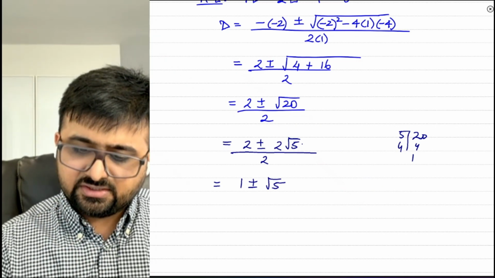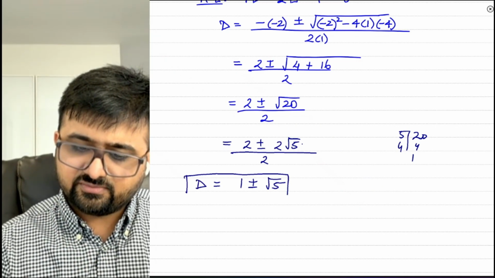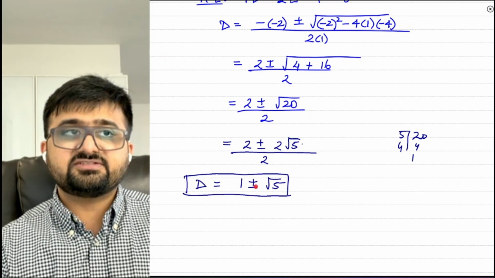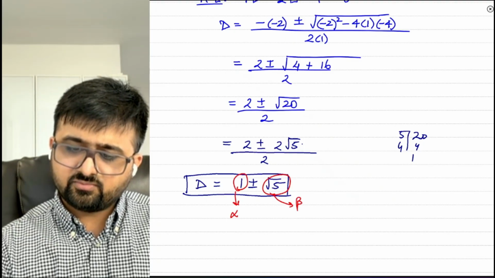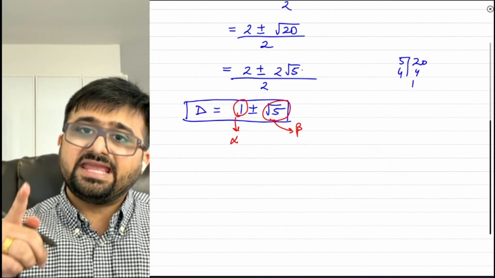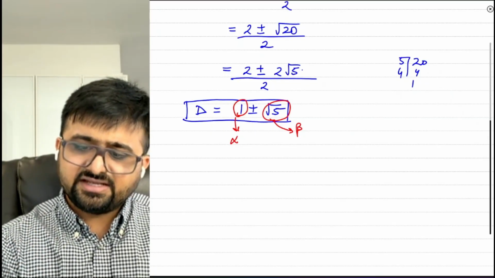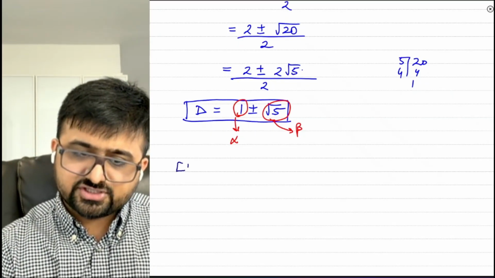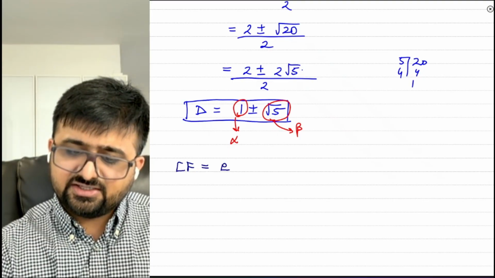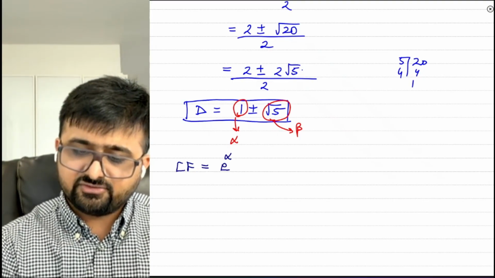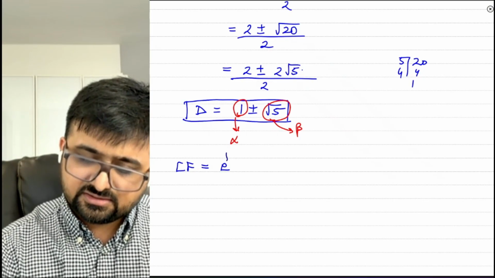Now that's the value of D that we are getting from here. Remember, since it is 1 plus minus square root of 5, this 1 is your alpha, root 5 is your beta. Remember, this is real, but it is irrational. If it is real and irrational, your complementary function is going to be e to the power alpha x, so I'll just write e to the power 1x.